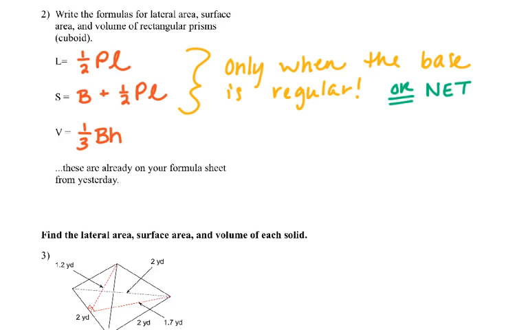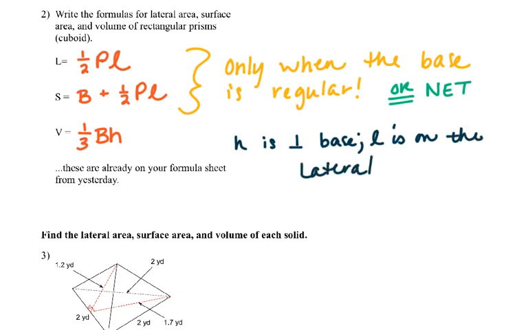One other thing to remember, the height is perpendicular to the base. And the slant height, it's called slant height because it's slanted, is on a lateral face. So it's the height of a lateral face. Okay, so you already have those in your notes from yesterday.